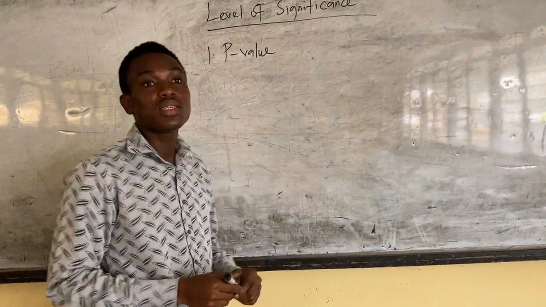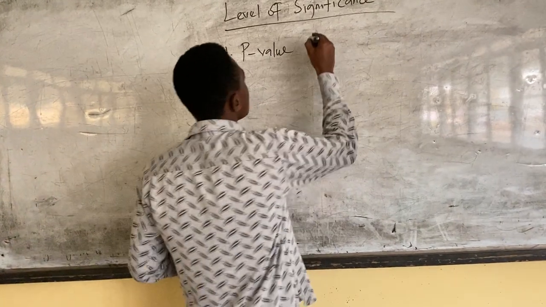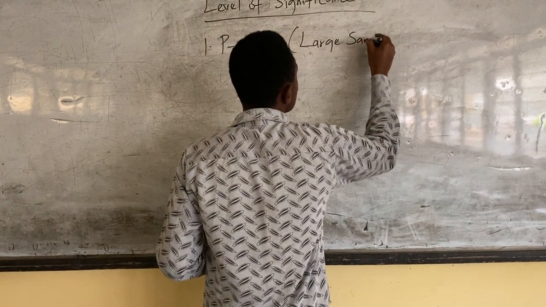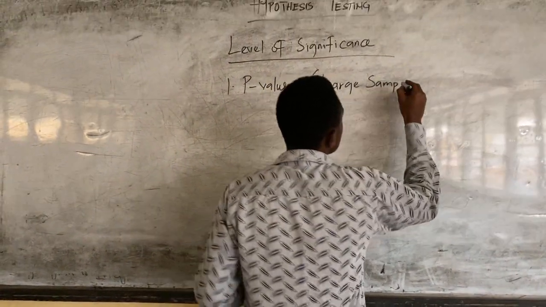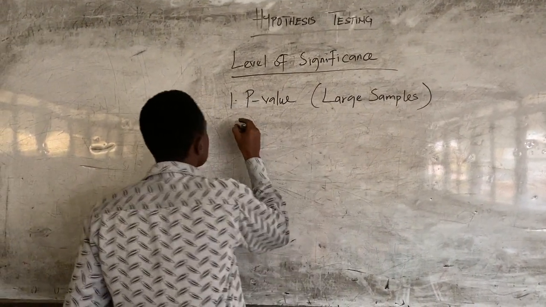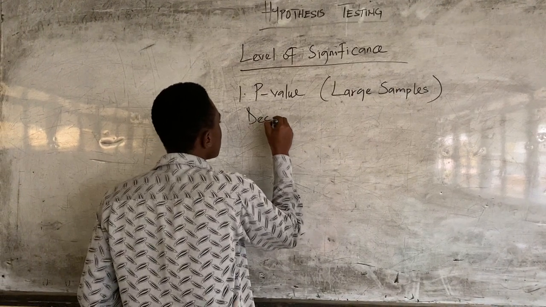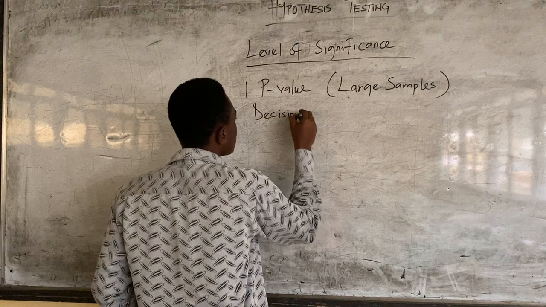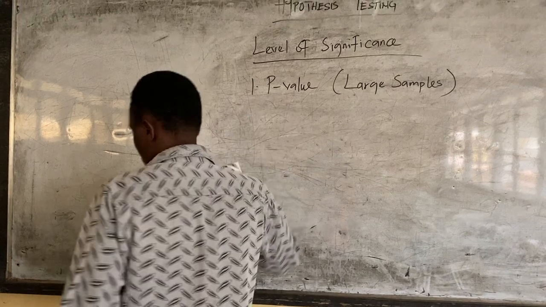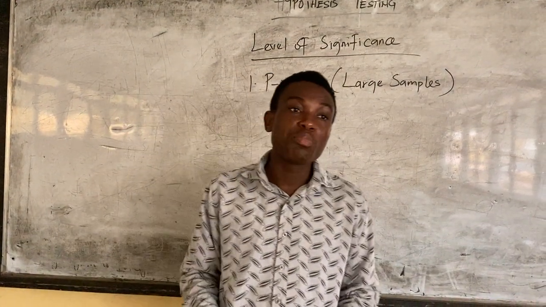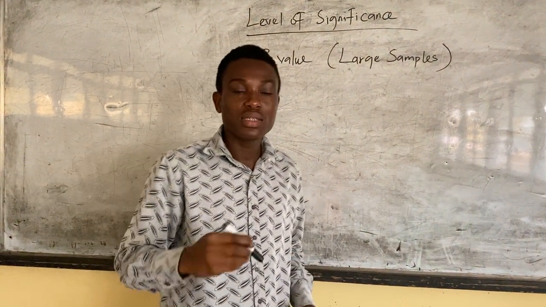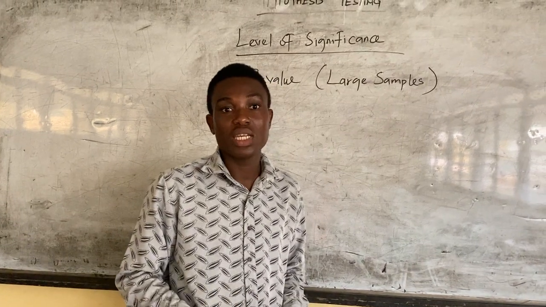With the p-value method, we begin with large samples. For the large sample, the p-value is simply the value of any z-score that is looked up on the z-table.